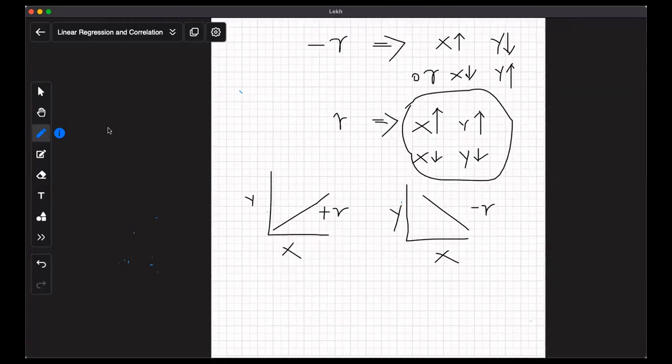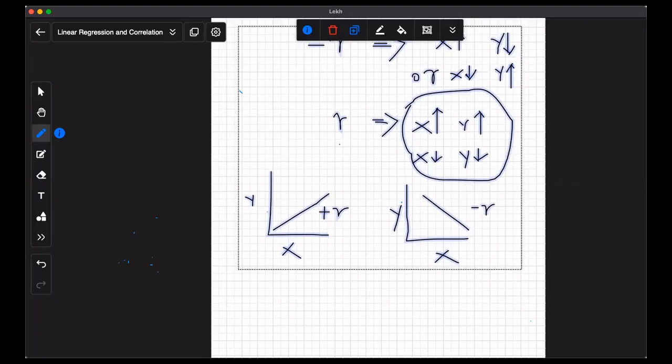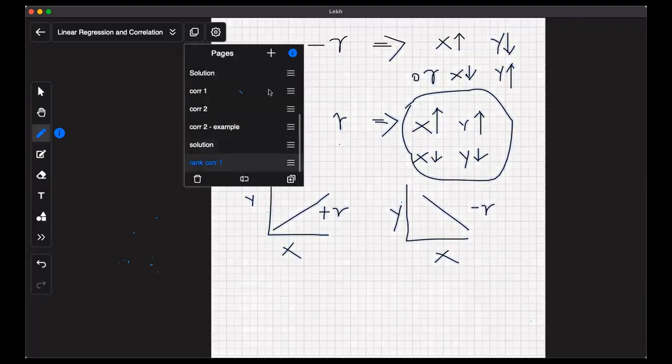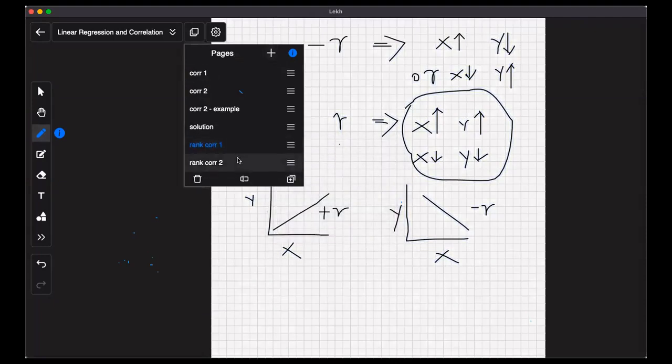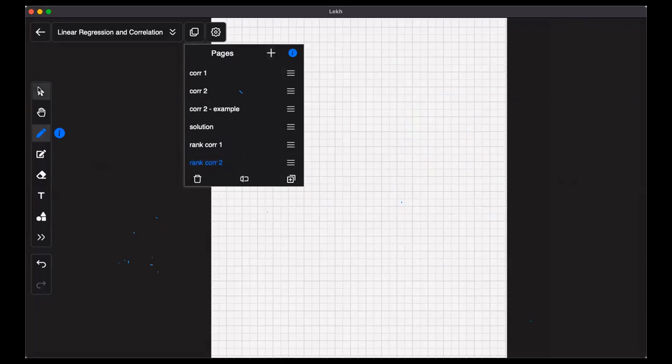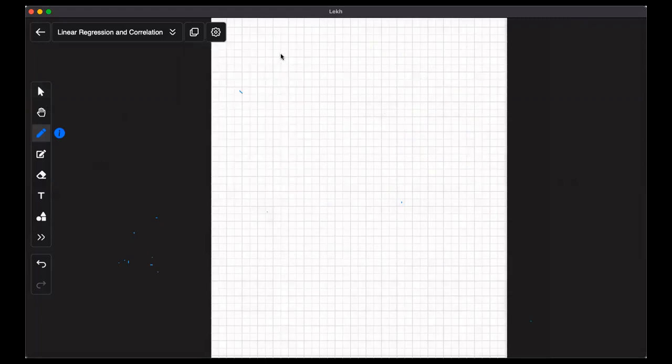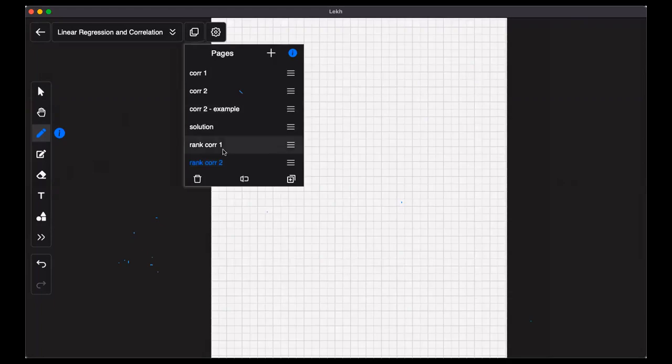Now, that being said, we can look at our rank correlation. What we did before was to use the exact values that we got from our data, but now we want to rank the data. We don't want to use the data as it was.